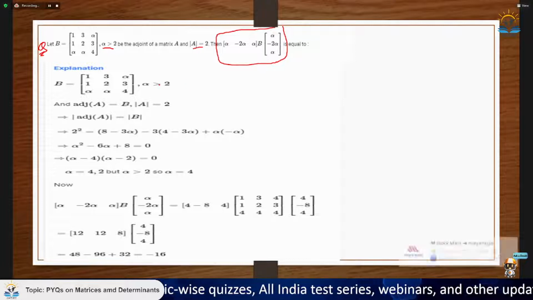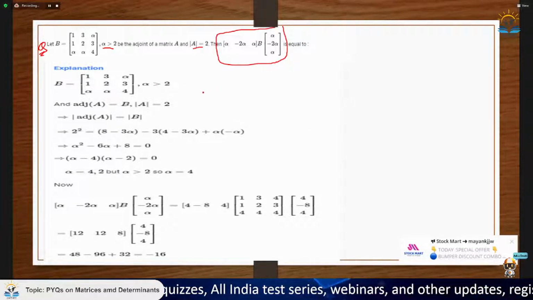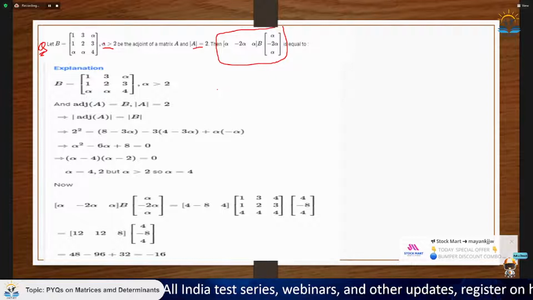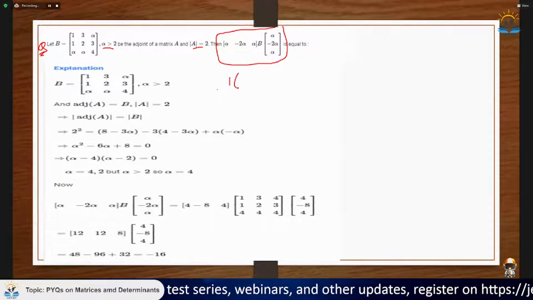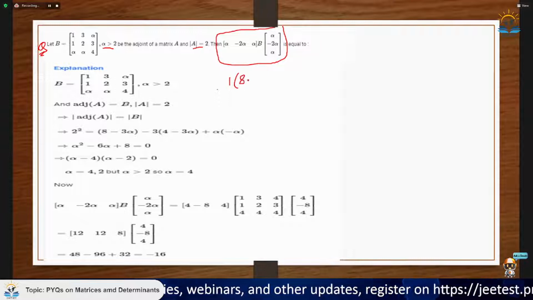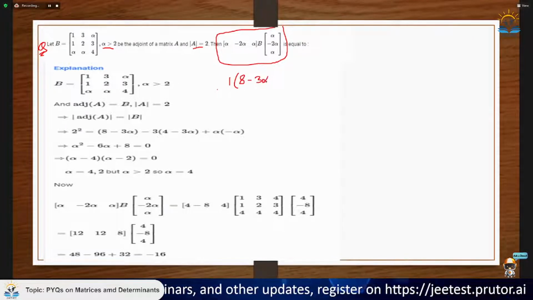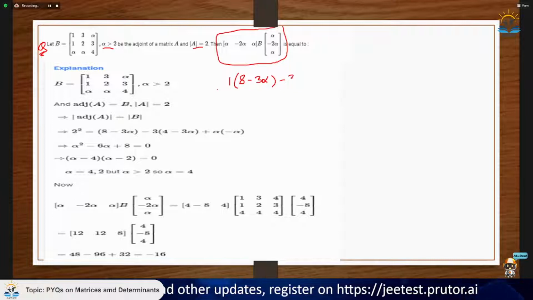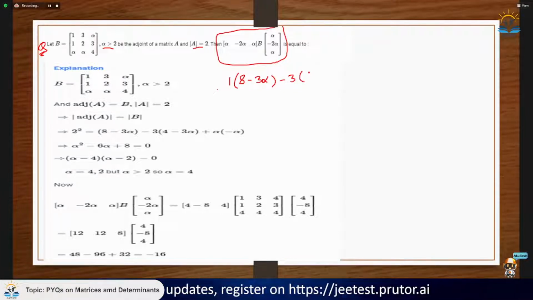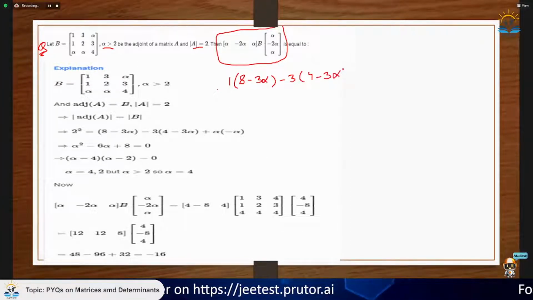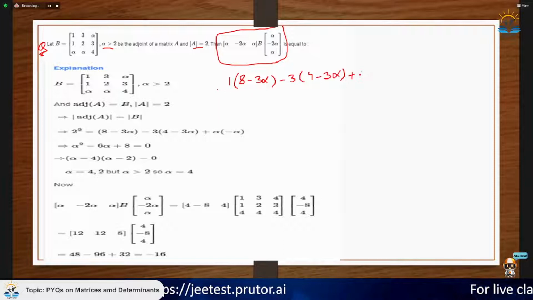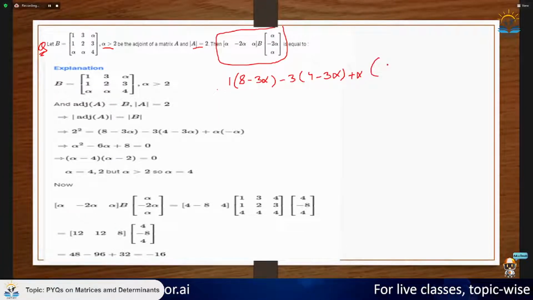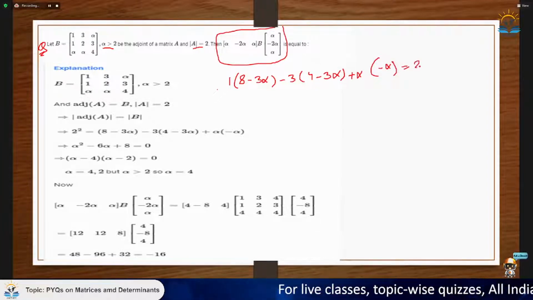So let's do it. Since determinant of A is equal to 2, so determinant would be 1 times (8 minus 3 alpha), minus 3 times (4 minus 3 alpha), plus alpha times (alpha minus 2 alpha). So it would be minus alpha only, equal to 2.